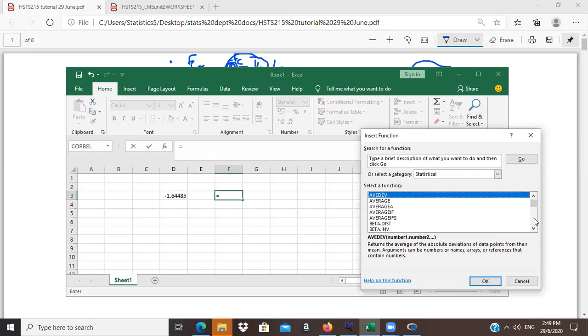You have the whole list, for finding even probabilities from a t distribution. Most of the distributions are covered: F, exponential, gamma, and normal. So I'm using normal here, which is the N inverse.